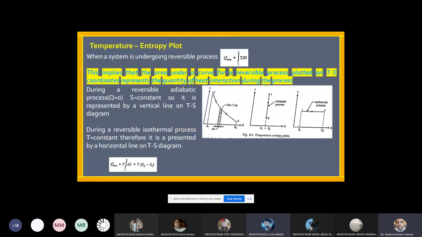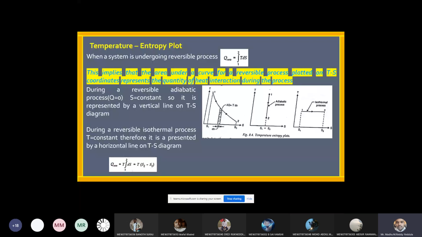Right, now how to plot the isentropic process in TS diagram we are going to see. As we know, temperature entropy process. So this is the adiabatic process.